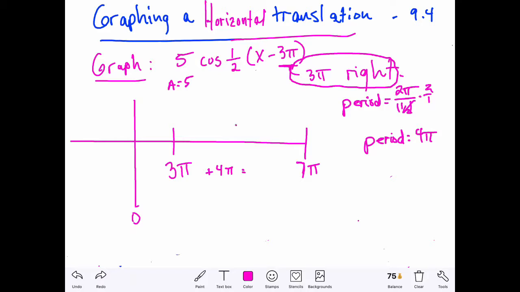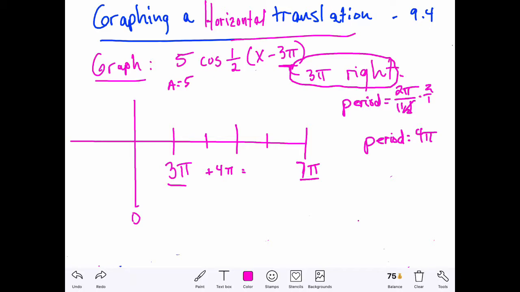And then, of course, now I want to divide it in 4 equal pieces. Okay, so instead of starting at 0 here, I'm going to be starting at 3 pi. And instead of finishing at 4 pi, if I started at 0, I'm going to finish at 7 pi because I added that 4 pi to my starting value. Okay, so this is where the period will finish, 7 pi. Okay, let's continue.